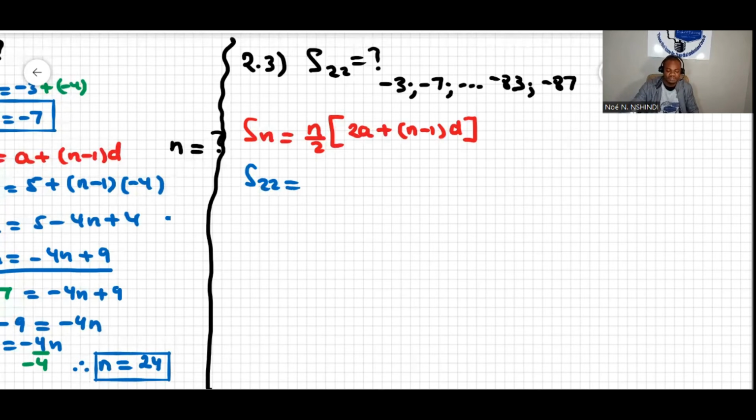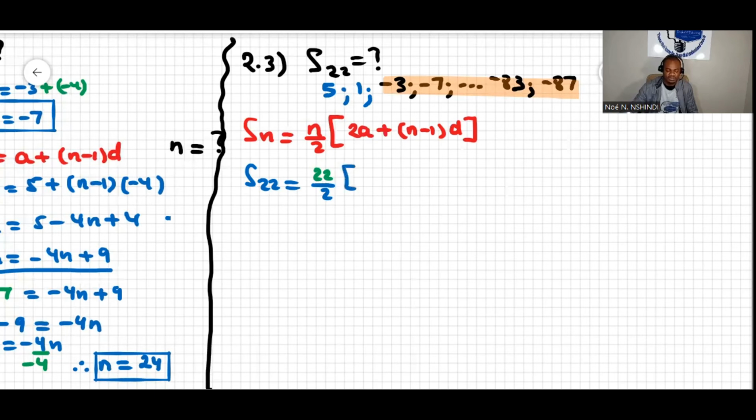Let me just say it over again. You notice that 5 and 1 are the positive terms, but we want the sum of the negative terms. Because the total number of terms is 24, we need the sum of these 22 terms. So S22 will be 22 for n over 2.